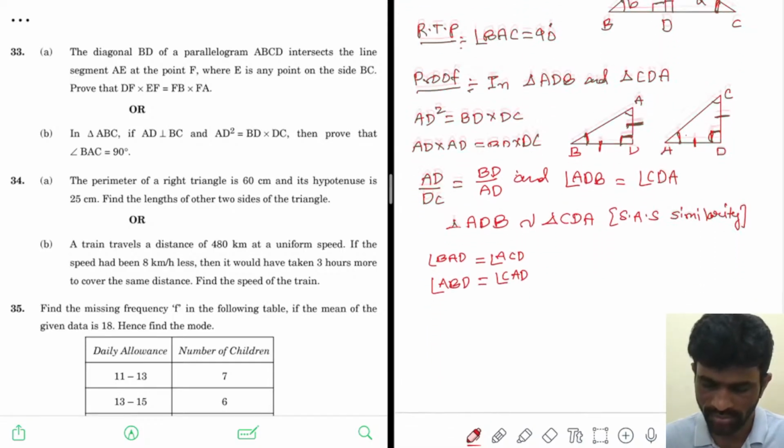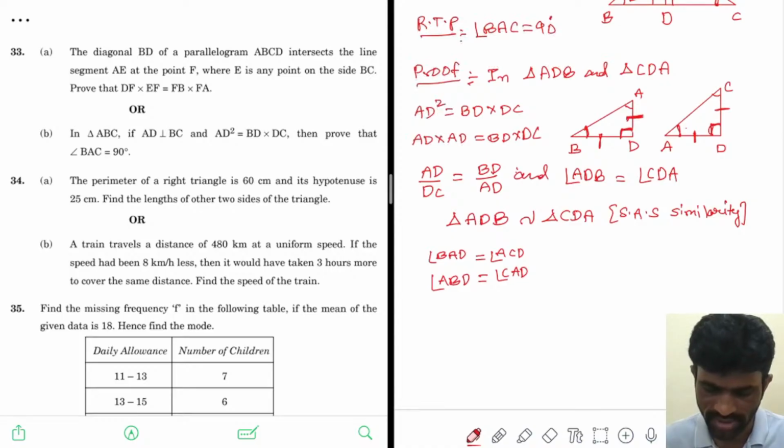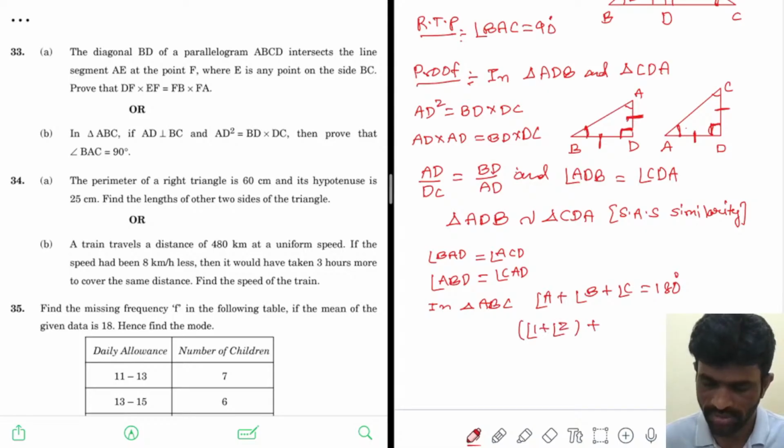Now what do we do? We take the sum of three angles in triangle ABC. In triangle ABC, you know angle A plus angle B plus angle C is equal to 180 degrees. So in place of angle A, we can write angle 1 plus angle 2, plus angle B, which we took as small b, and angle C, which we took as small a, is equal to 180 degrees.